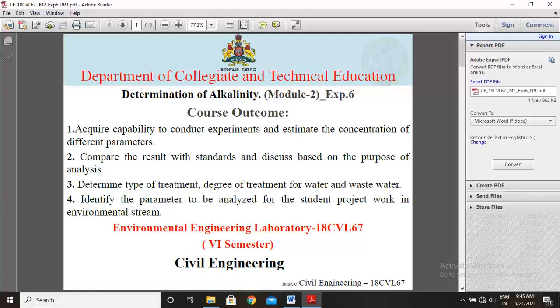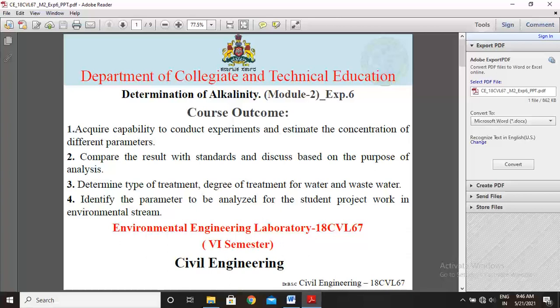Third is to determine type of treatment and degree of treatment for water and wastewater. Fourth is to identify the parameters to be analyzed for the student project work in the environmental stream. So these are the course outcomes finalized based on this laboratory.